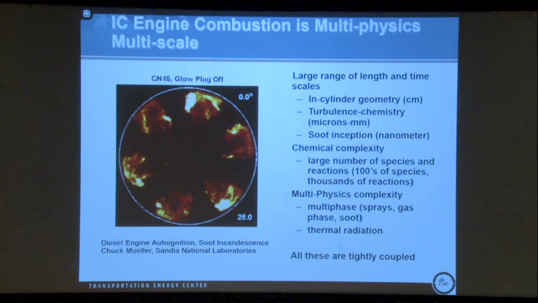If you take the largest scales, the cylinder geometry, that would dictate your turbulence integral scales, which might go from several millimeters to centimeters in the smallest device, an IC engine.